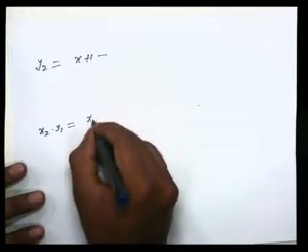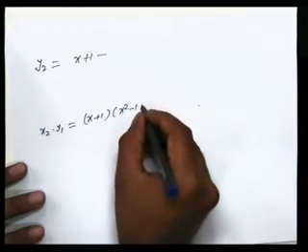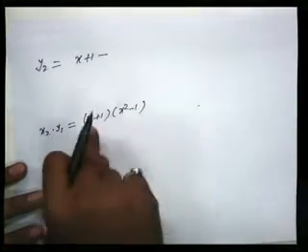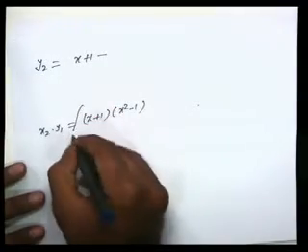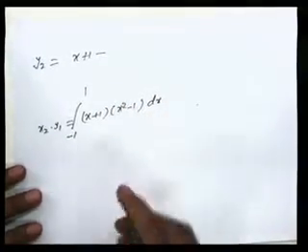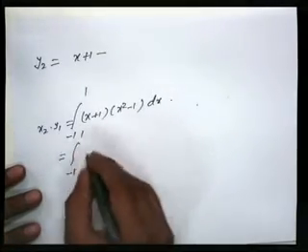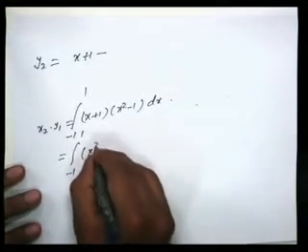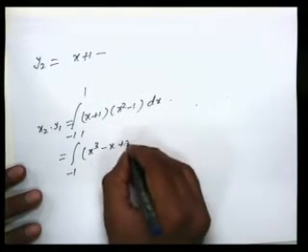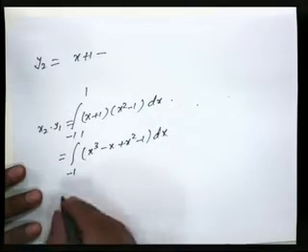This is x plus 1 into x square minus 1, similarly as f of x into g of x, and the given limit is minus 1 to 1, and we will integrate with respect to dx. Obviously we can simplify this further. So this is the integral from minus 1 to 1 of x cube, minus x, plus x square, minus 1, dx. So we have to integrate this whole one.